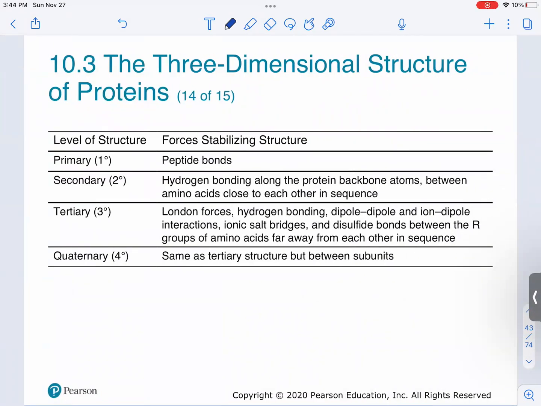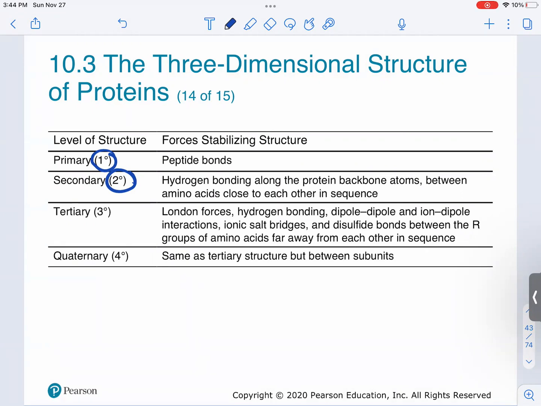So here's a table that sort of organizes all of that information, where you have primary structure, those are peptide bonds, secondary hydrogen bonding attraction, all right? And tertiary, you're going to have all of these different types of attractions. It depends on what functional groups are present, really.